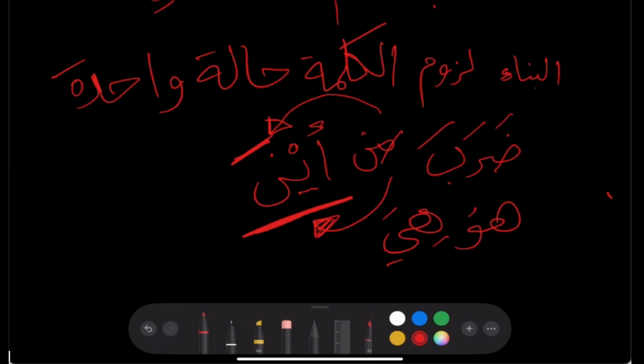Most of the Arabic nouns are mu'rab, meaning their endings vary by being influenced, and some of them are built so that their endings don't vary.